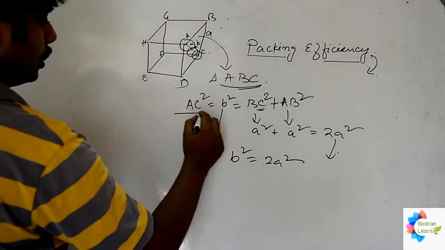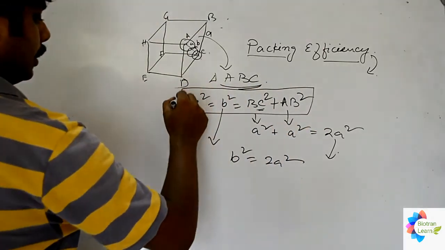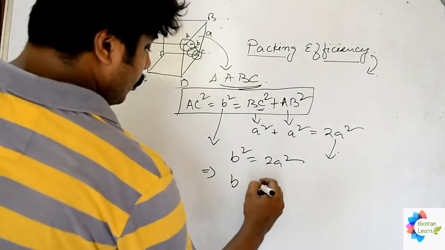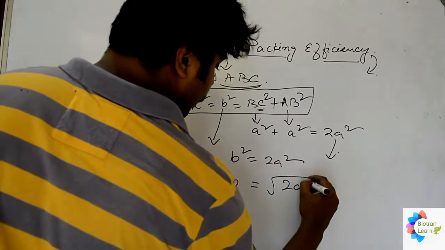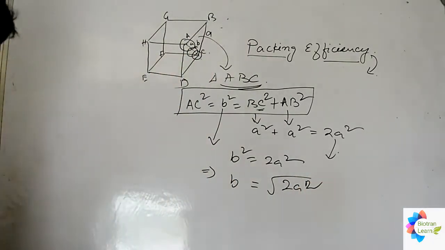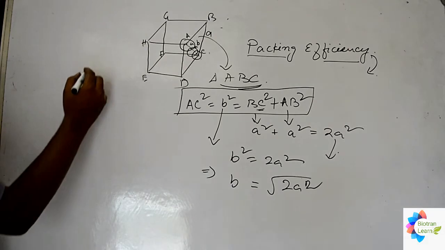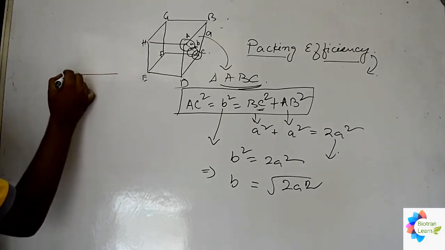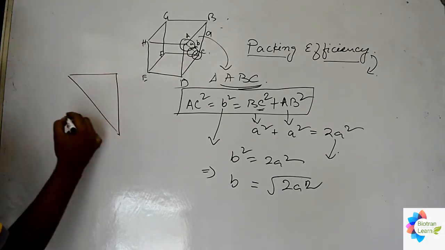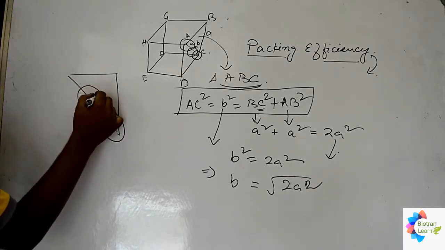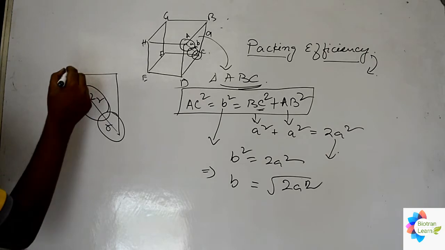according to the Pythagoras theorem. Okay. Now if we want to take B, or if R is taken, what I have told you earlier, in this particular section, what we are having is R, 2R, and then R, right?